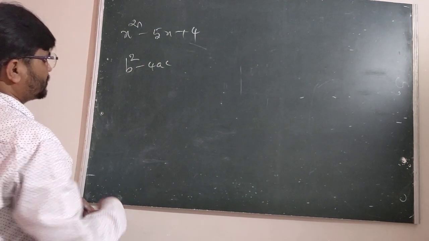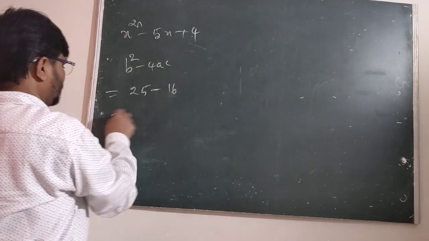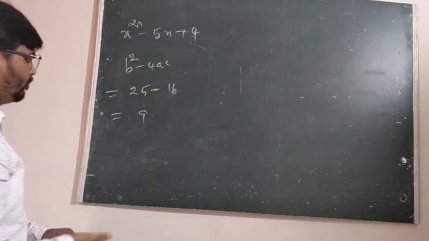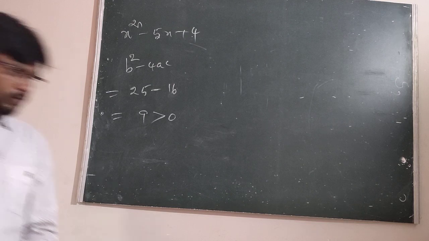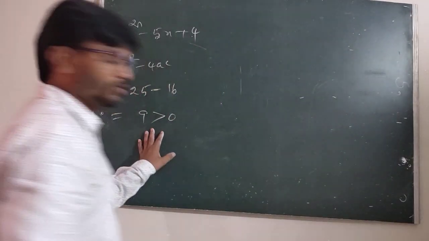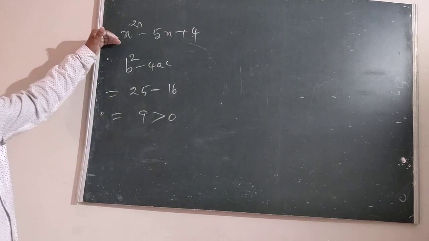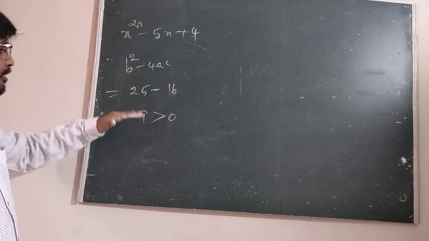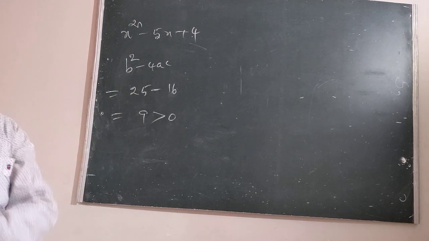Here b square is 25, minus 4ac is 16. Now this is 9. When the discriminant is greater than 0, that is positive, the roots are distinct. That means it has two real roots.